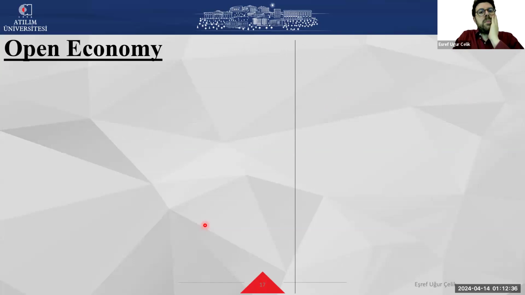I'm not gonna put all things over there, but we are talking about the Keynesian functions in the closed economy without government, then focus on the closed economy with government, then focus on the open economy.